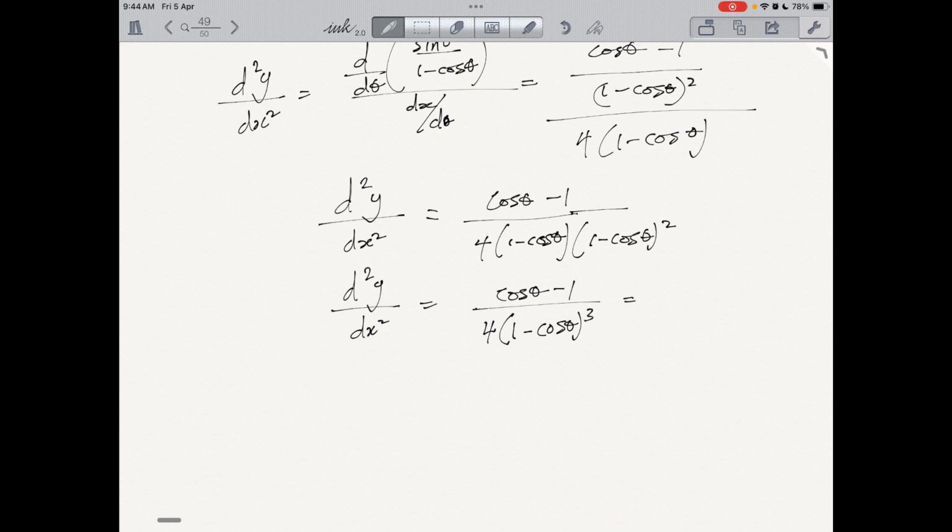Let's make the numerator in terms of 1 minus cos θ, and that will be an introduction of factorizing by negative.